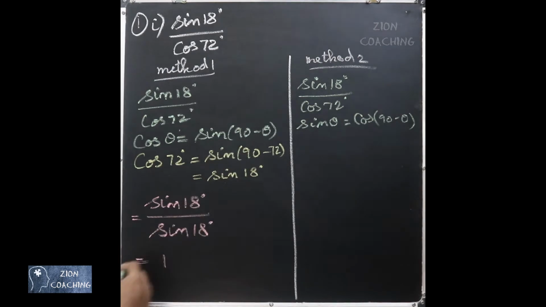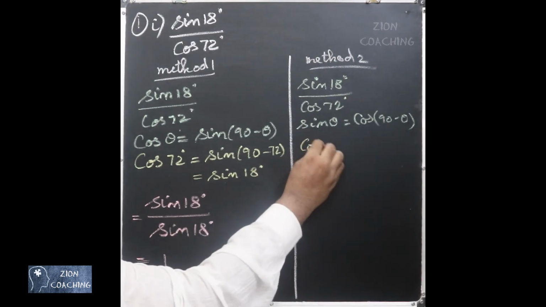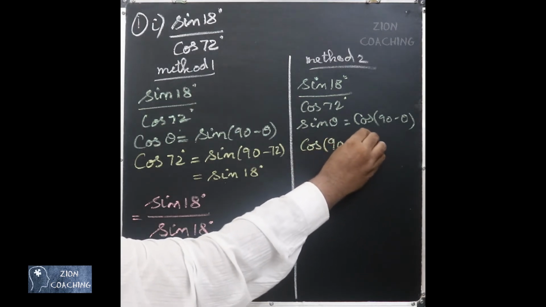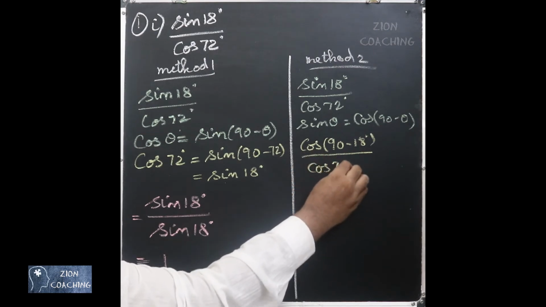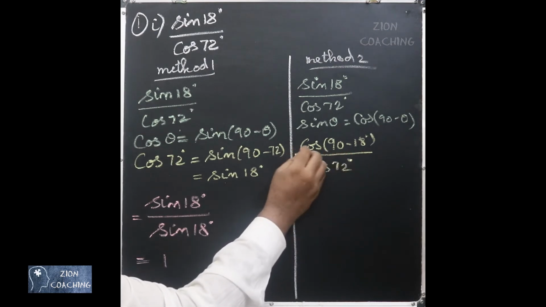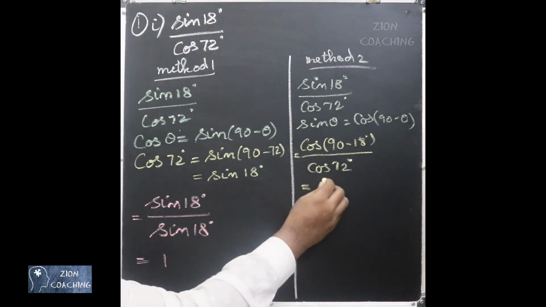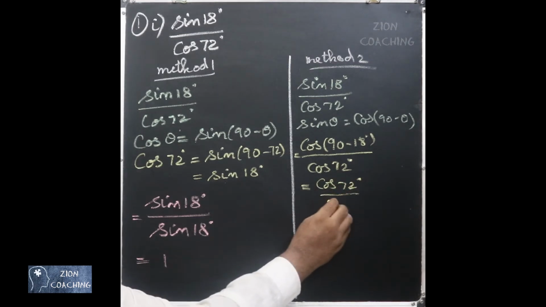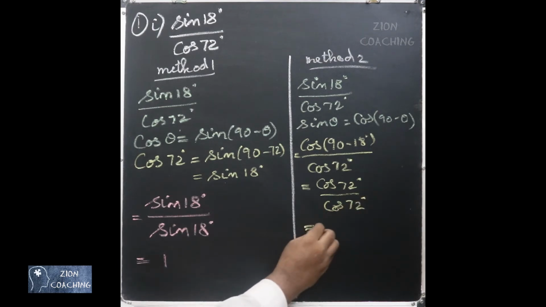So the sin 18 degree can be written as cos 90 minus 18 degree divided by cos 72 degree. I have used the formula there. Directly I am applying the formula. So we have cos 72 degree divided by cos 72 degree. That is equal to 1.